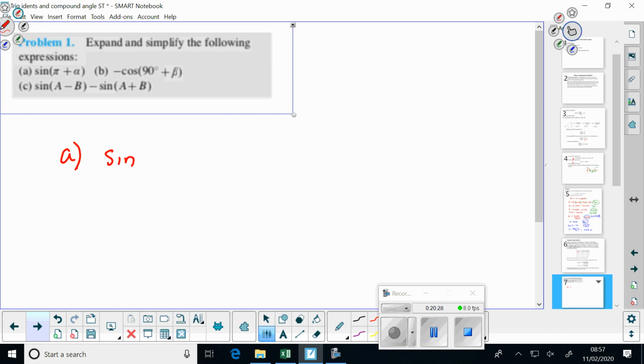Sine of brackets pi plus alpha. So we're looking at the identity for sine A plus B.